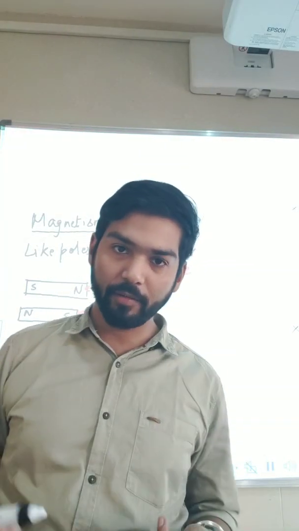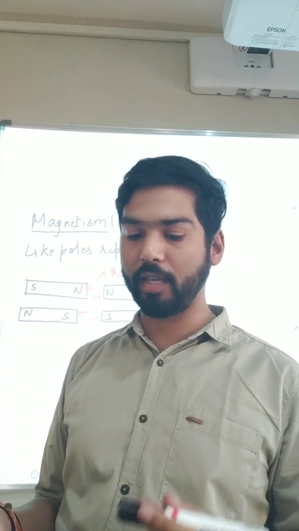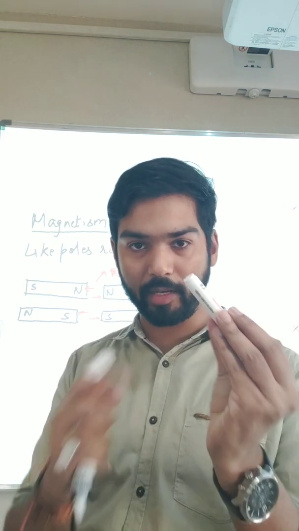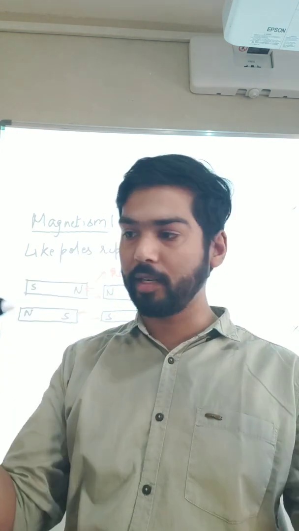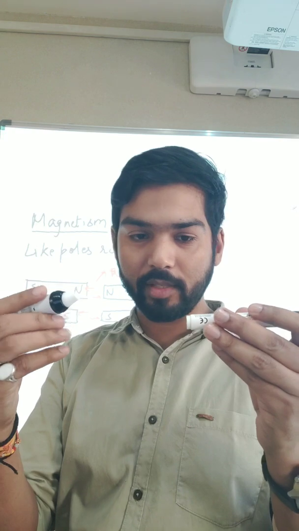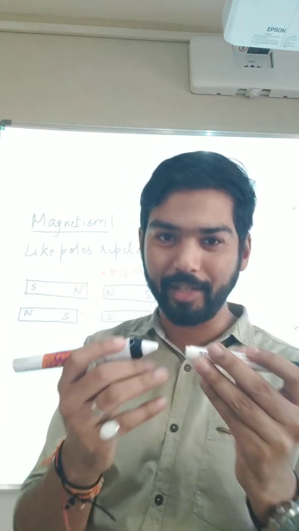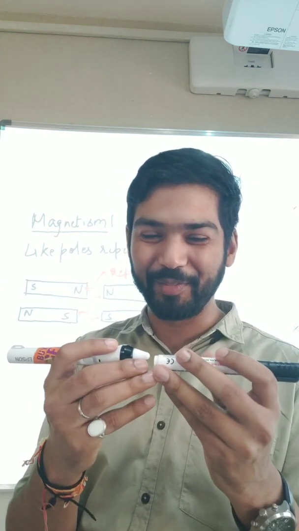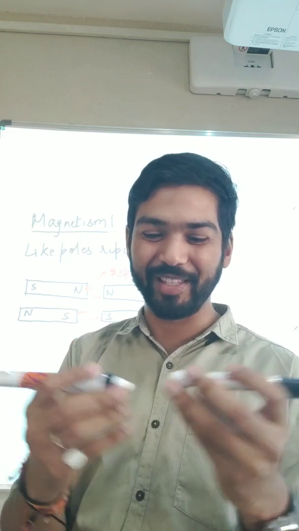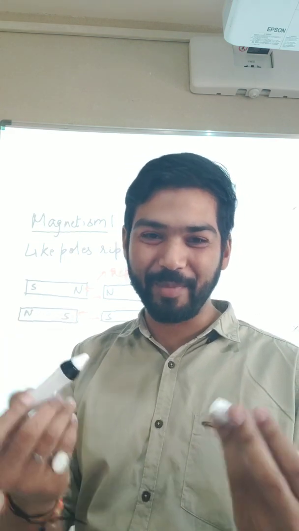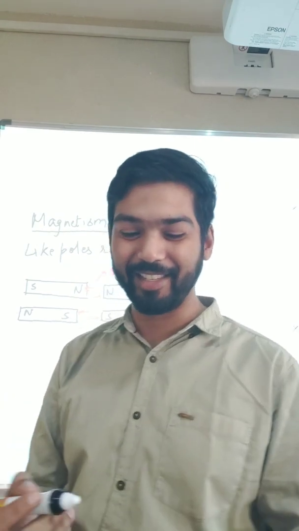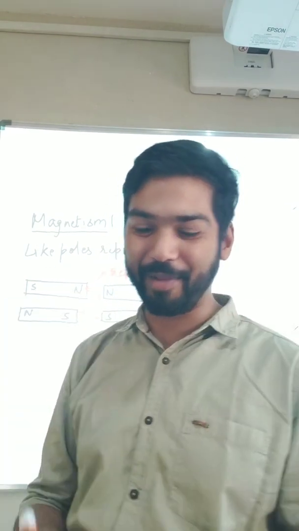And conversely, if I take the south pole of this magnet, which is this one, and the north pole of this magnet, and when I bring them closer, they will just attach with each other, right? And it's kind of fun when you do it with toys. I wish I had those toys, but for now we have to make do with these markers, which are not magnets, and we have to imagine that they are magnets.